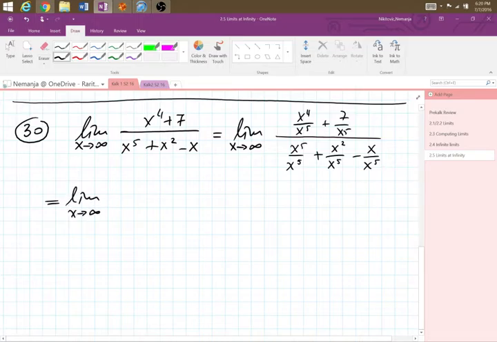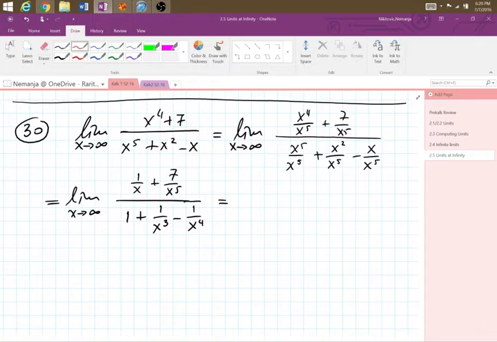Limit as x goes to infinity. When we cancel the ones on top, we get 1 over x plus 7 over x to the 5 stays as is. On the bottom, we get 1 plus 1 over x cubed, and then minus 1 over x to the 4th. Each one that has x in the denominator will go to 0, because as I divide 1 by infinity, I get 0, which is I rip one paper infinitely many times, or I rip 7 papers infinitely many times, I still get 0.